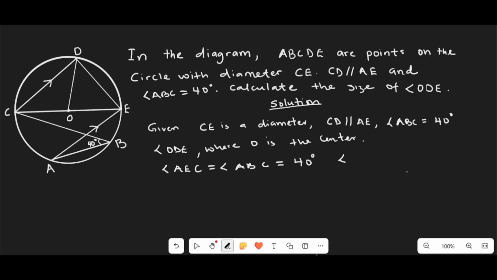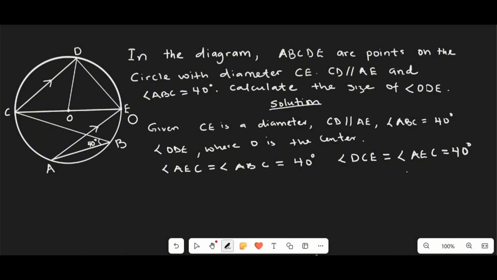Angle DCE equal to angle AEC, which is equal to 40 degrees.